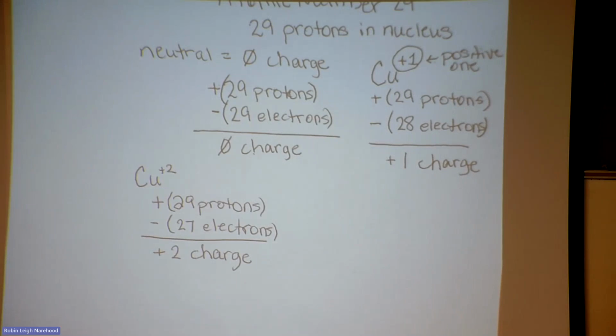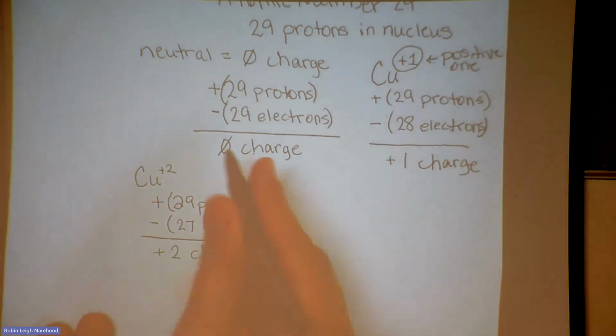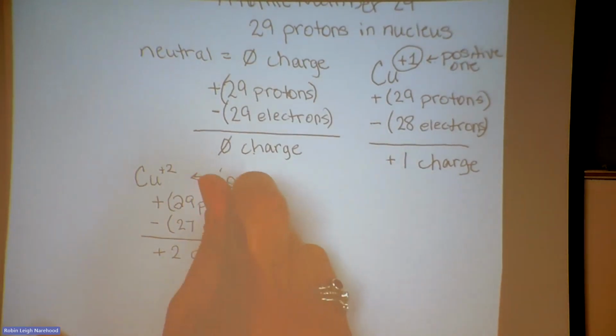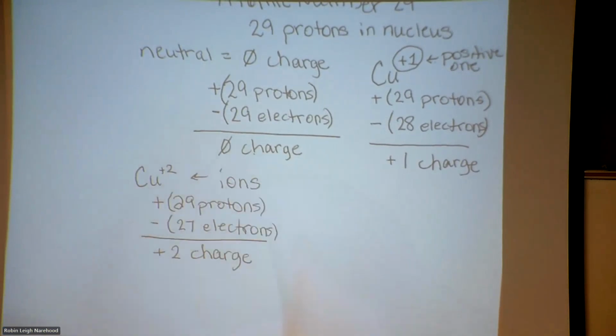So it doesn't have negative 27 electrons. It has 27 electrons. Each of them is negative. It's just a little bit of a mind shift about what you call these things. But if something has a positive or negative charge, we refer to these particles as ions. If it is no charge, that's just called an element.